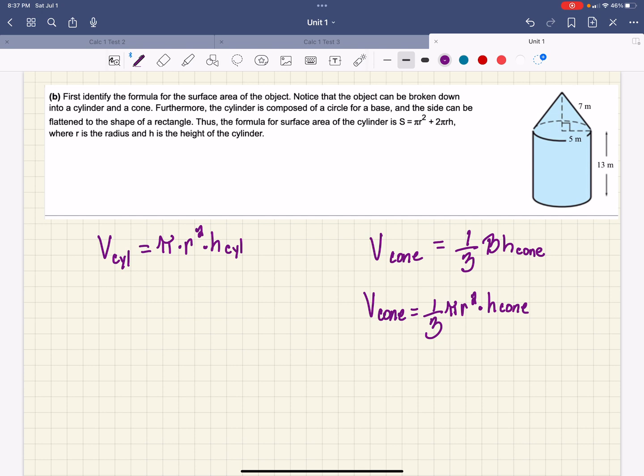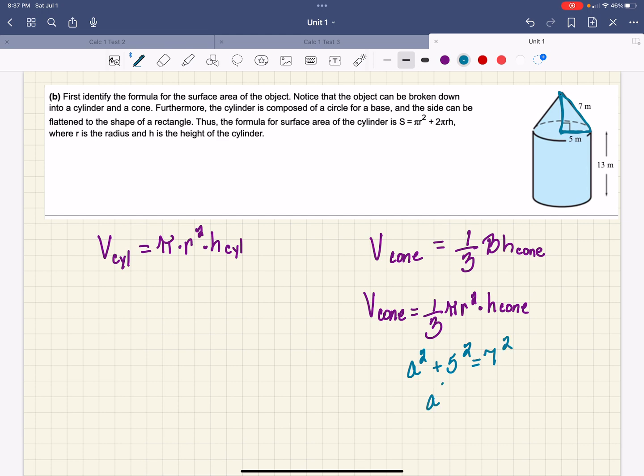Okay. You can write this all in one formula if you want to, but because we've got two different heights going on, I wanted to do it separately. So we are focusing on this right triangle right here. Okay, 7 is our hypotenuse, 5 is one of the legs. So I'm going to have a squared plus 5 squared equals 7 squared.